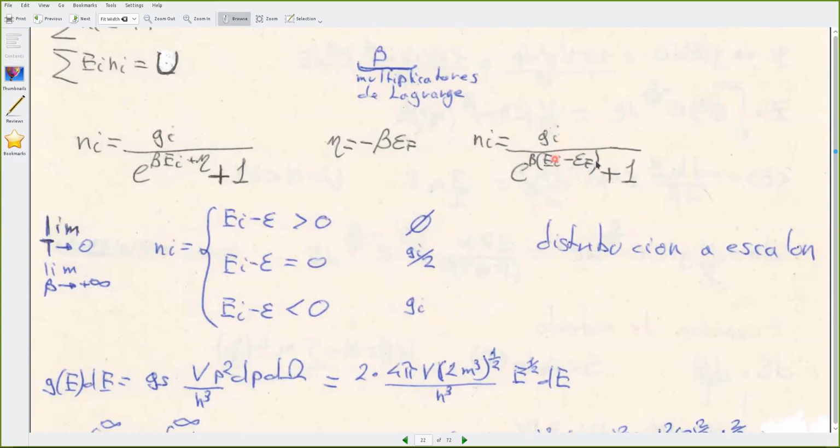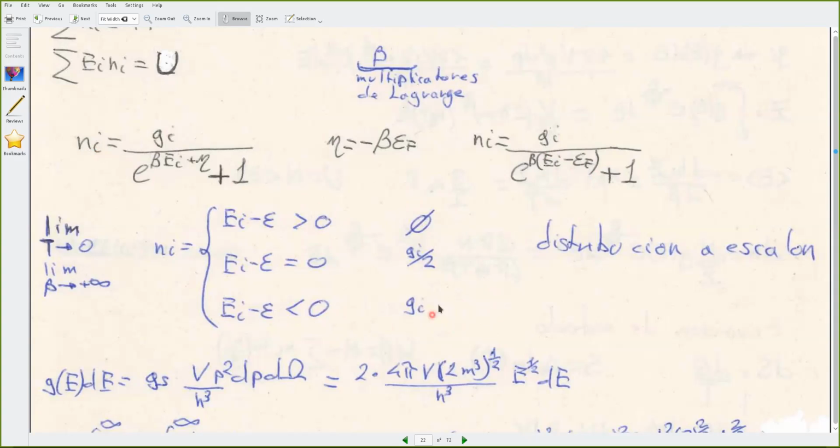For equal energy, it goes to one half, and for energy less than the Fermi energy, you have exactly g_i. For this reason, usually we consider not simply n, but n divided by g, the fraction of the filled levels.